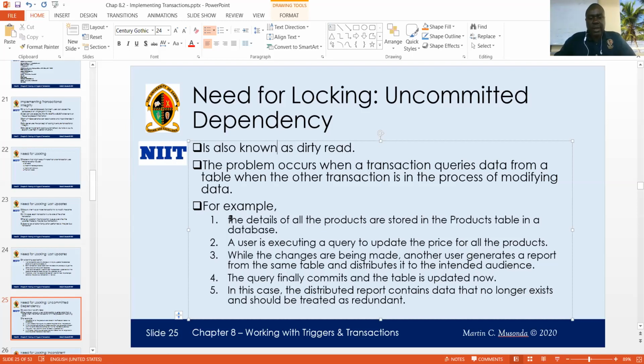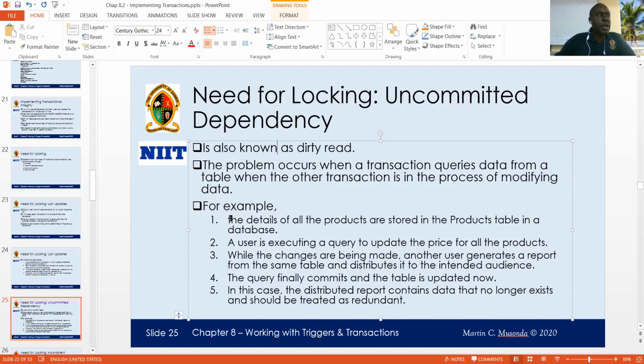The query finally commits and the table is updated. In this case, the distributed report contains data that no longer exists and should be treated as redundant.